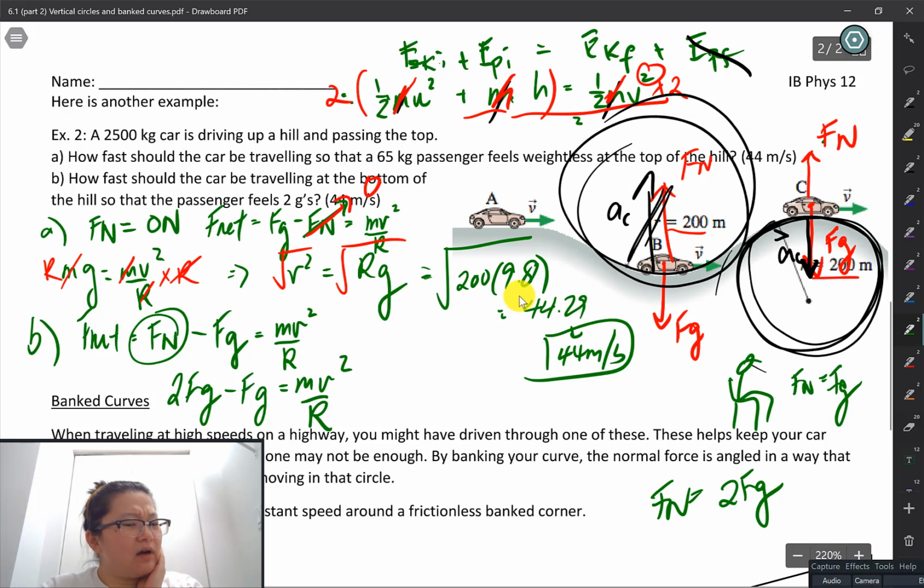You might be thinking, if I'm feeling 2 Gs already, why do I have to do this? Okay, this whole equation has nothing to do with how you feel. It's just the direction of the vectors and the forces and how they give you a centripetal acceleration. What we're talking about when you feel is Fn. So don't forget how heavy you feel is this Fn force.